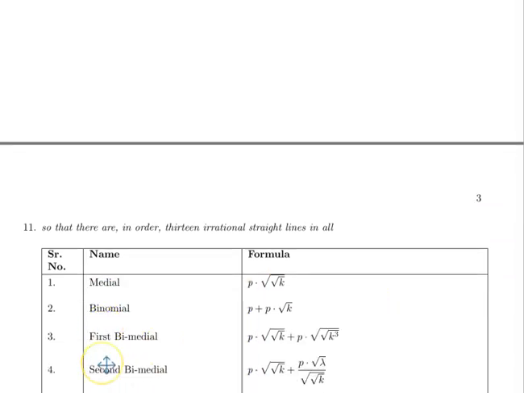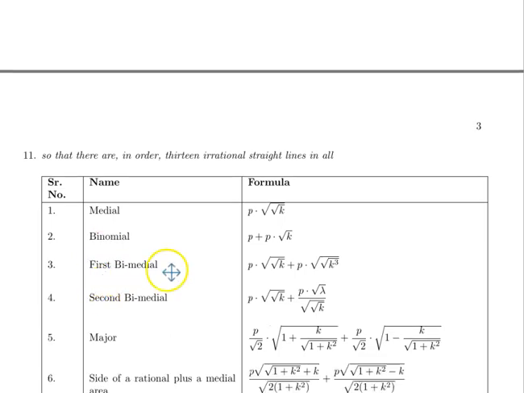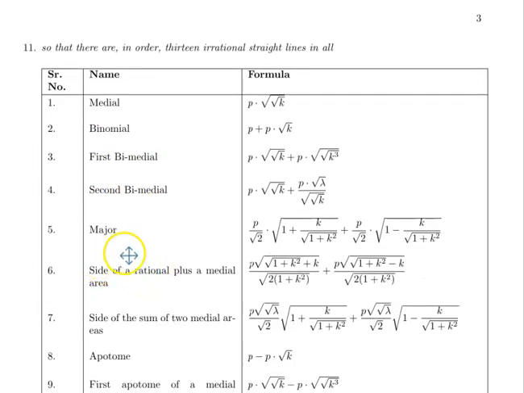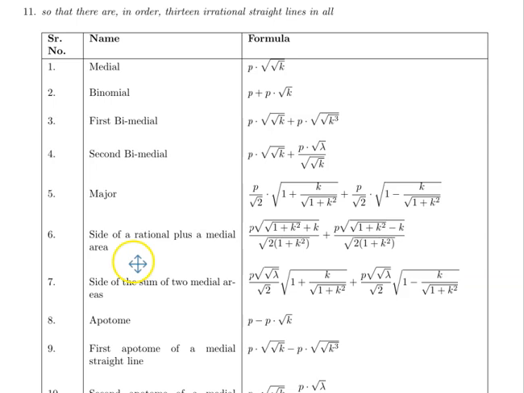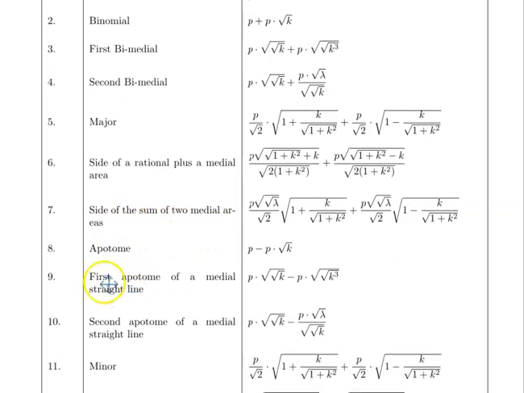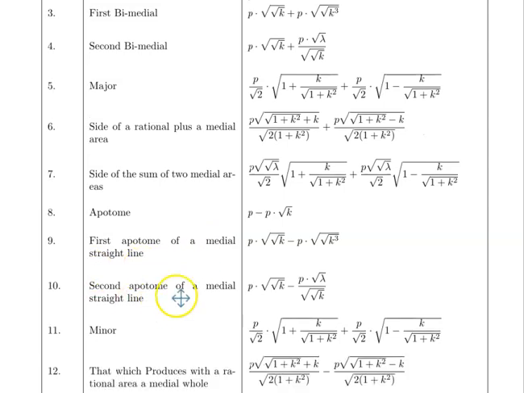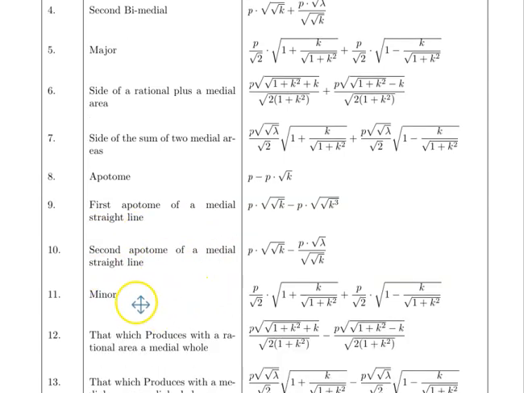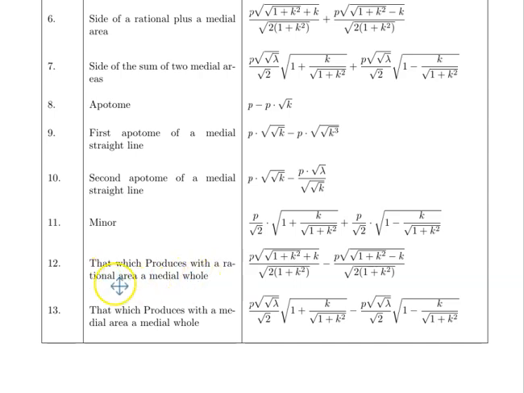So we have the medial, binomial, first bimedial, second bimedial, major, side of a rational plus a medial area, side of the sum of two medial areas, apotome, first apotome of a medial straight line, second apotome of a medial straight line, minor, that which produces with a rational area a medial whole, that which produces with a medial area a medial whole.